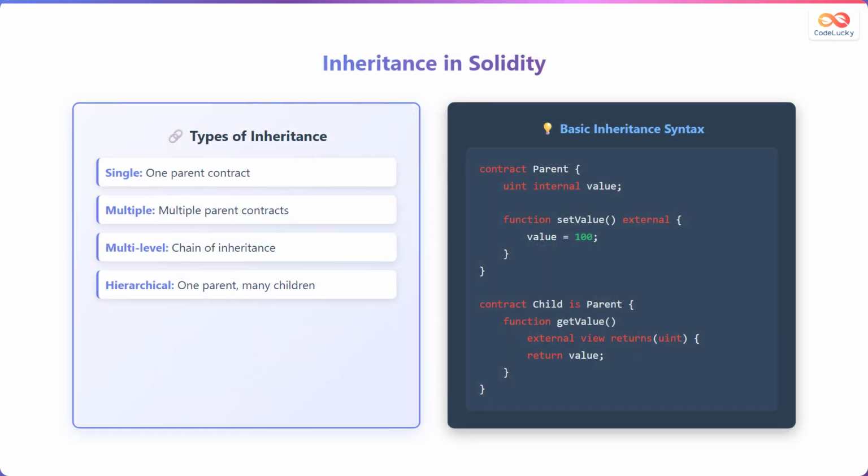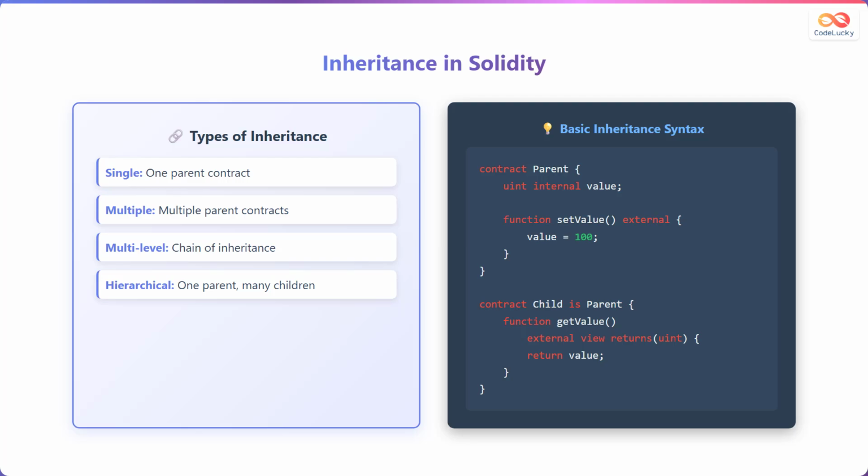Inheritance is a fundamental concept in Solidity that allows contracts to derive properties and functions from other contracts. There are four main types of inheritance in Solidity. Single inheritance involves one child contract inheriting from one parent contract. Multiple inheritance allows a contract to inherit from several parent contracts simultaneously.